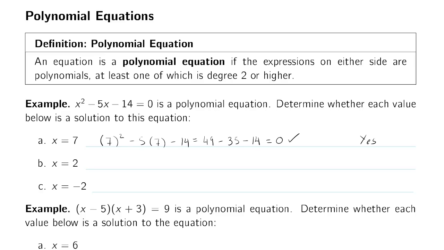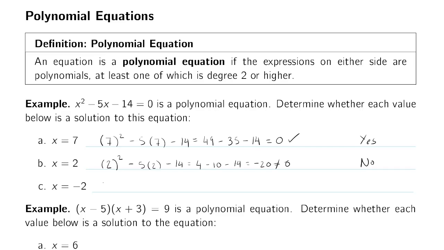What about x equals 2? If x equals 2, the equation says 2 squared minus 5 times 2 minus 14. That'll be 4 minus 10 minus 14, which is negative 20, which is not 0. So no, x equals positive 2 is not a solution to this equation.